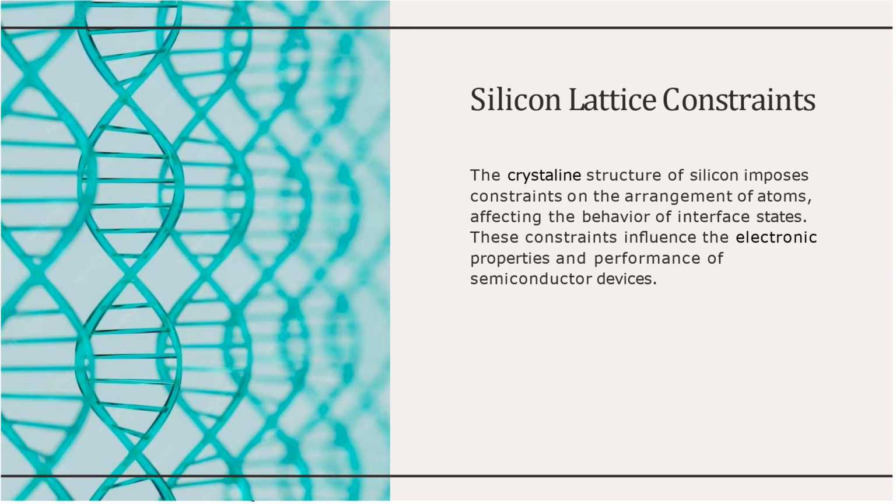Some examples of silicon lattice constraints are the formation of dangling bonds at the surface or interface of silicon, which are unsaturated bonds that can act as trap states for carriers. These dangling bonds can be passivated by hydrogen or other atoms to reduce the interface state density.